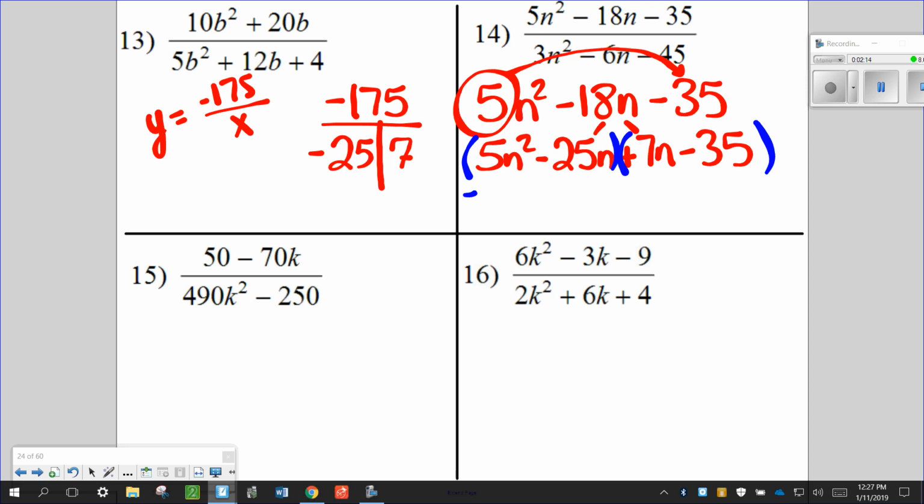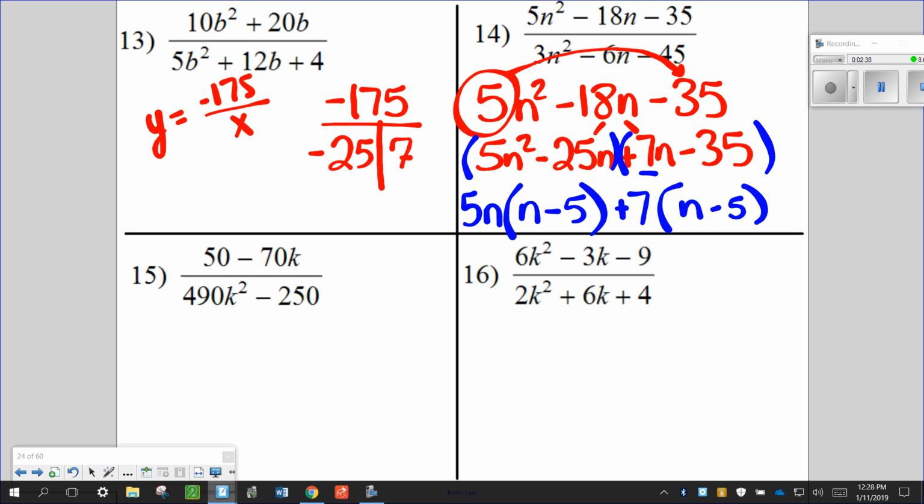Well, out of that first group, we can take out a 5, and we can also factor an n. And that leaves us with 5n times n minus 5. Okay. And then, if you're factoring by grouping, you need the same thing again in the other group, n minus 5. So what do I multiply by n to get to my 7n? That would be a positive 7.